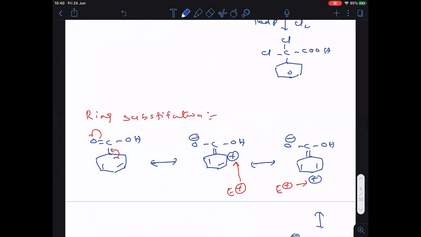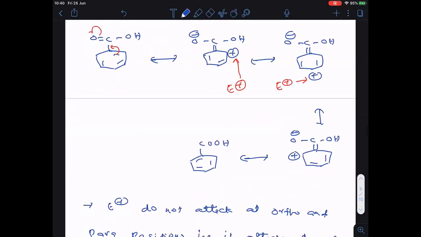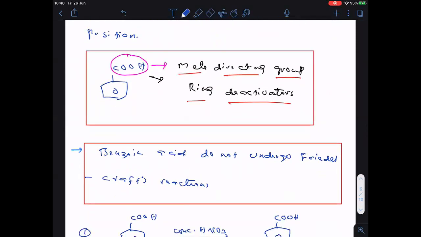Next, ring substitution. Then here you see meta directing group and ring deactivator.